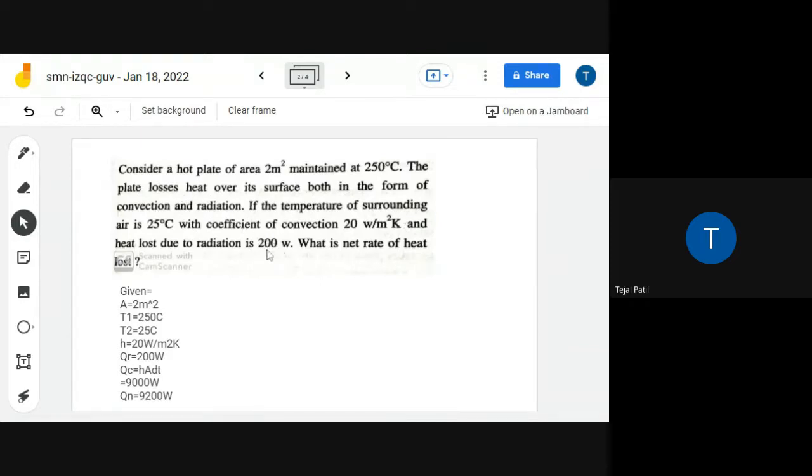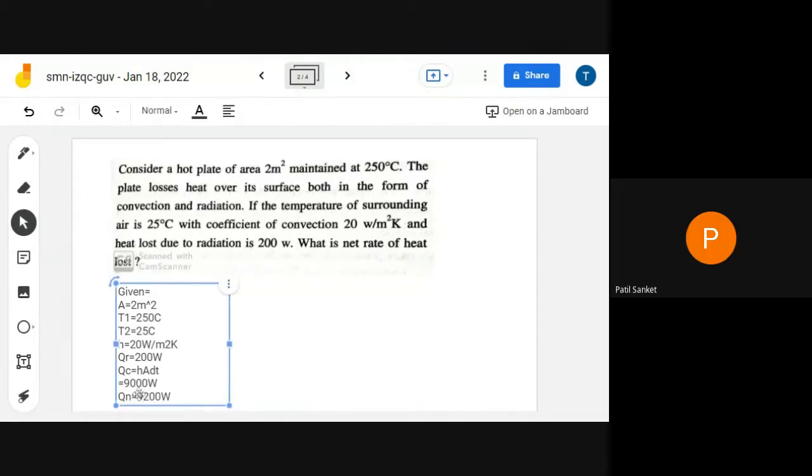So you are supposed to add this as well as this. That is the net, meaning total. QN is equal to QC plus QR.